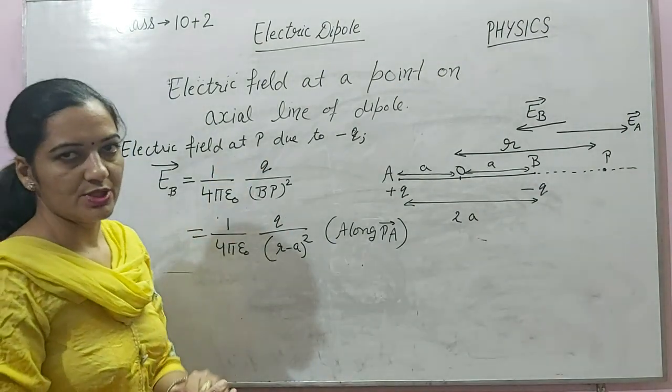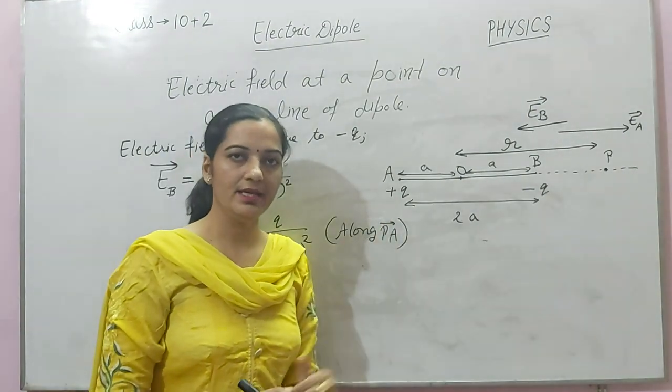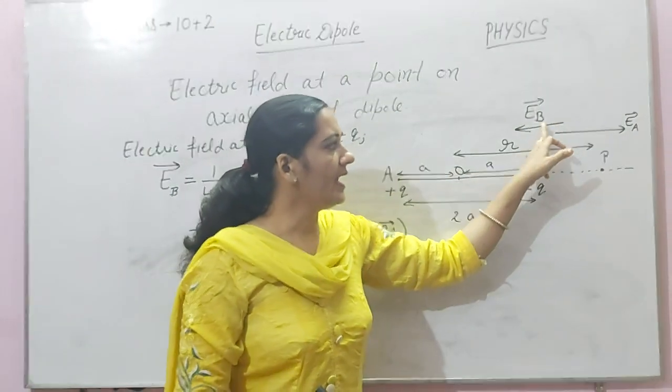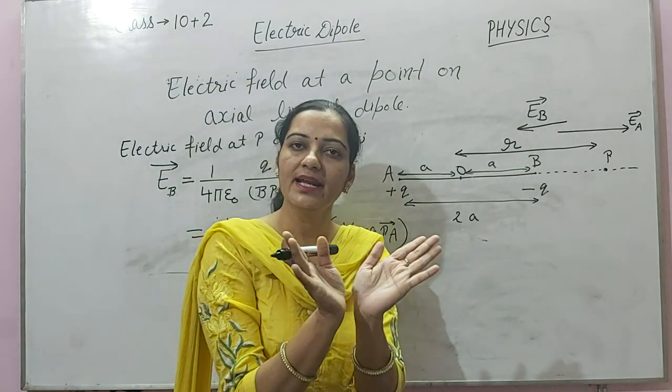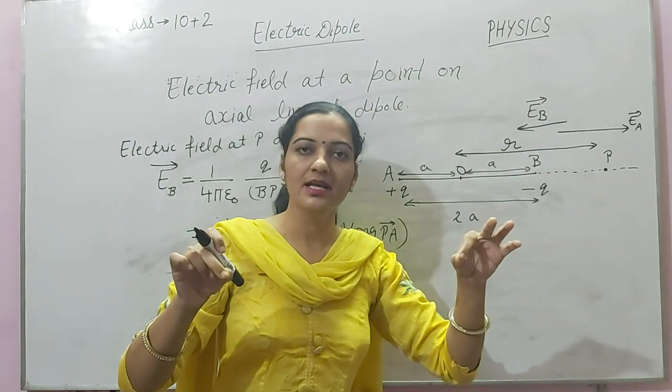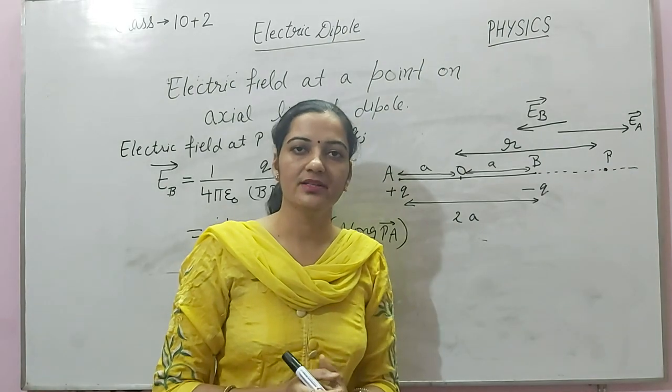Now we get two equations, first EA and second EB. Here EA and EB are in opposite directions. If two vectors are in opposite directions, we can subtract them, then we get the resultant.